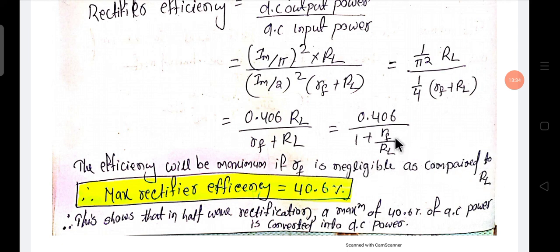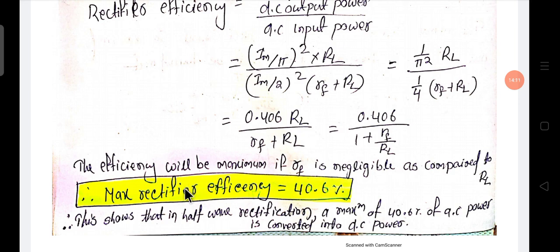Let's say RL is 10 ohm. In that case the resistance of the diode should be 0.0001, which is negligible as compared to 10 ohm. So when RF is negligible, at that time the efficiency is maximum.